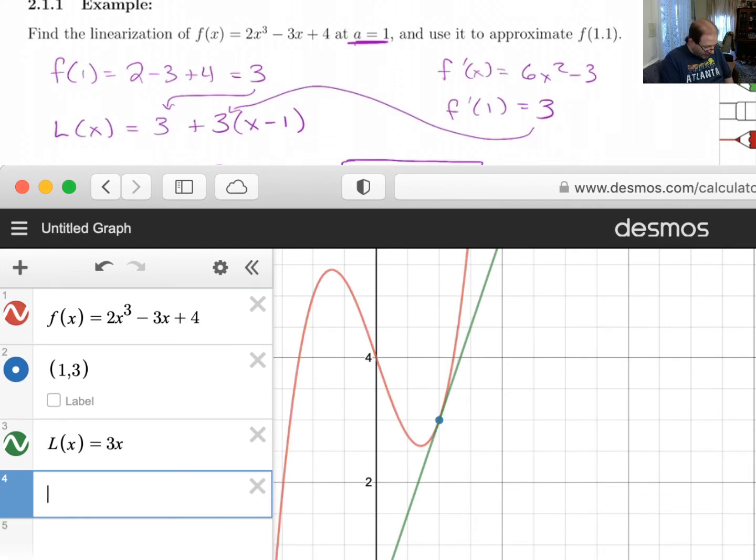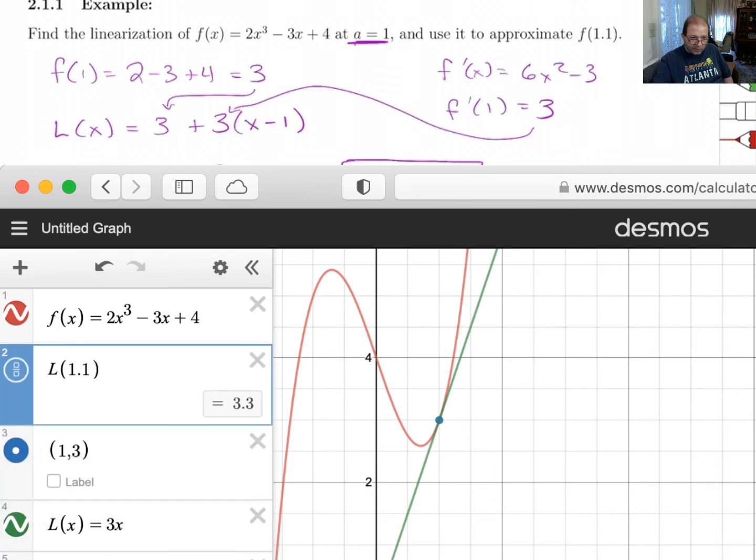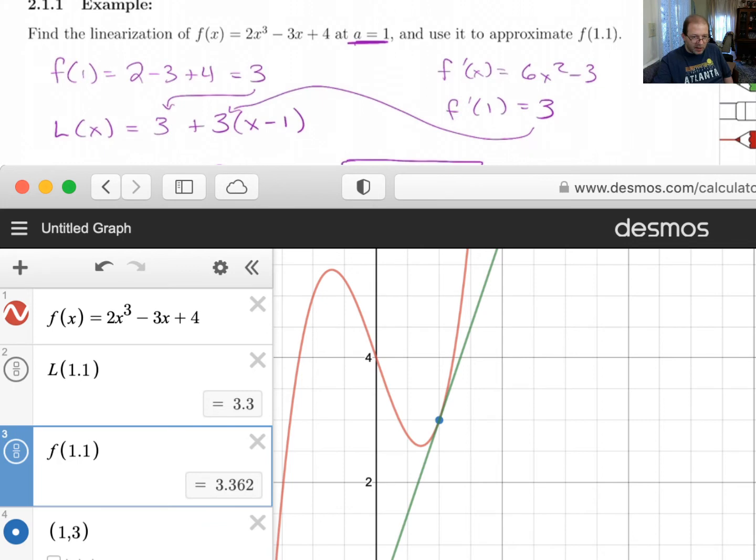So if you look at this, f of 1.1 is 3.362, and L of 1.1 is 3.3. Move that up. So it's not a bad approximation.